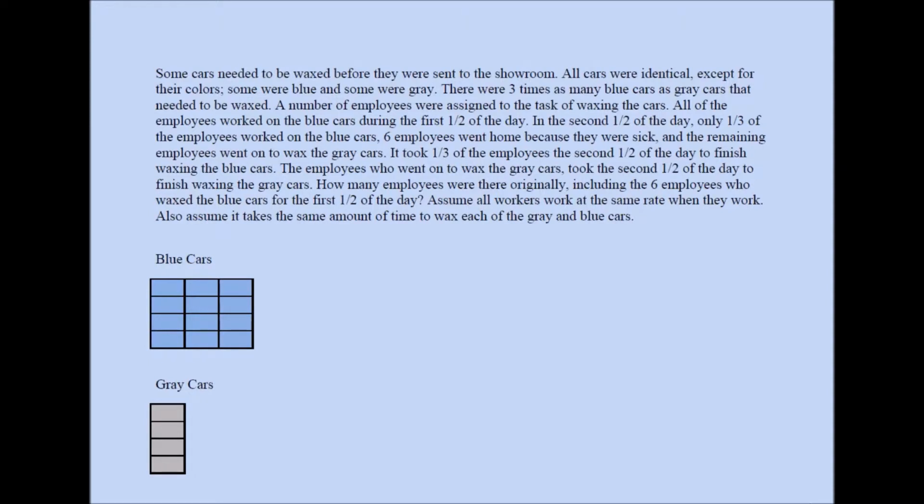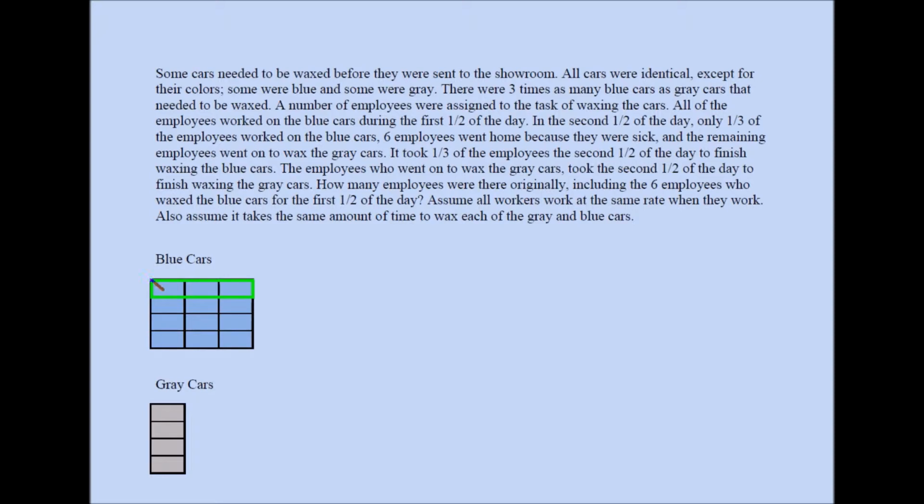Well, now we are ready to work on the calculation. Now we have 2 good representations for the blue cars and the gray cars. We now need to find out our final answer. As we have mentioned earlier, this is how much 1/3 of the employees do in half of a day. So what does this represent?